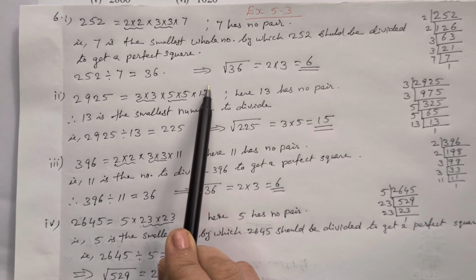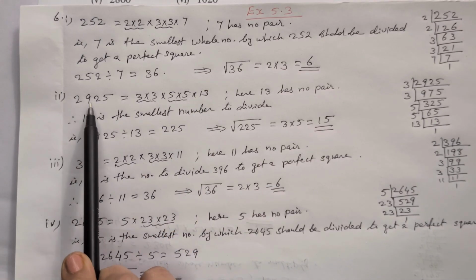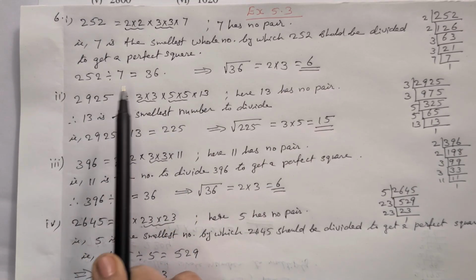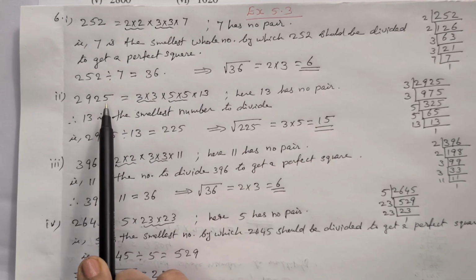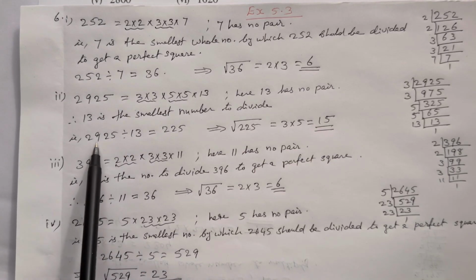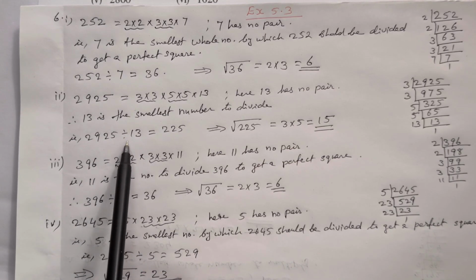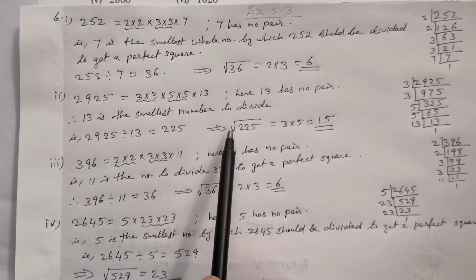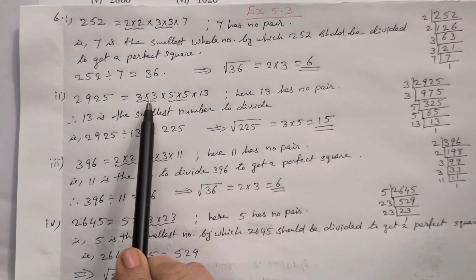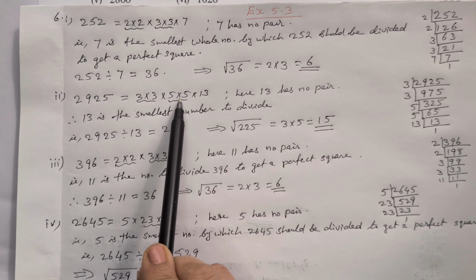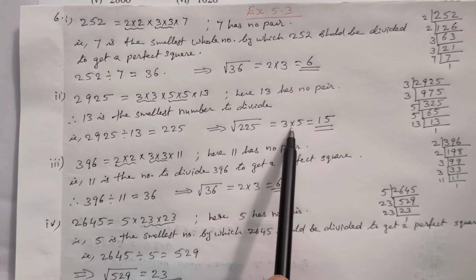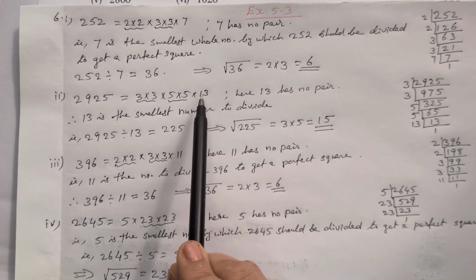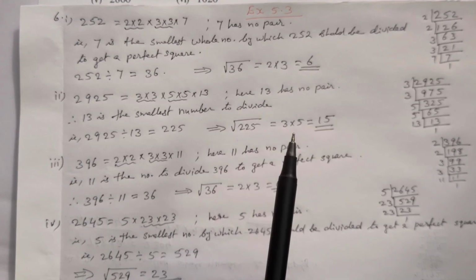Therefore 13 is the smallest number to divide 2925 by to get a perfect square. So 2925 divided by 13 is equal to 225. Root of 225 is equal to 1 3 from the first group, 1 5 from there. So 3 into 5 is equal to 15. When we are dividing, this 13 is removed.